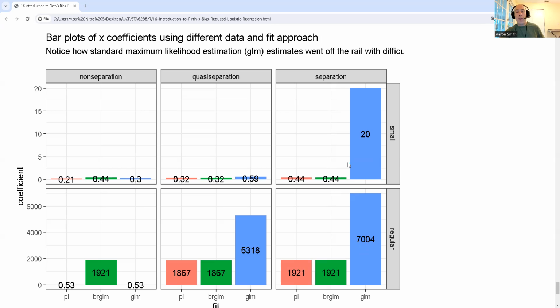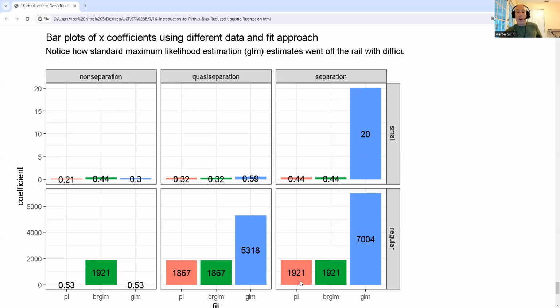And so with the small data set, we can see that with separation, the generalized linear model just doesn't work out. Now, when we look at the regular data set, the larger data set with perfect separation, we're still not really that great with the two ways that we fit the model.